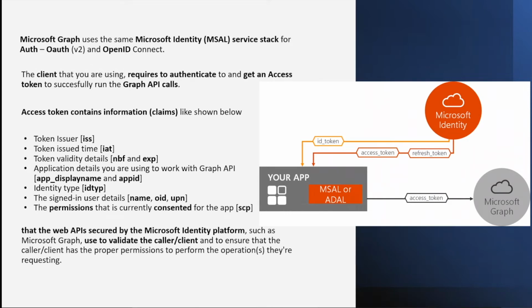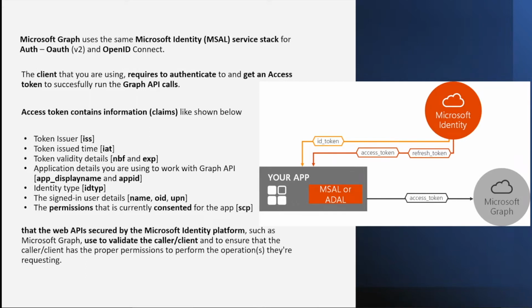and that is where the access token comes in. The access token contains information as below: the token issuer, who issued the token, what time the token was issued at, what the validity of the token is, and the application details that you are working with for the resource. So here it mentions the Graph API because that is what we will be working with. But in general, say you are working with Exchange Online, then the application details will be Exchange Online.